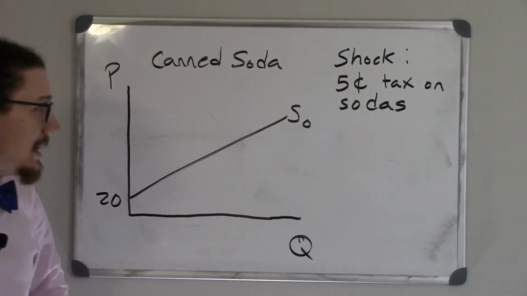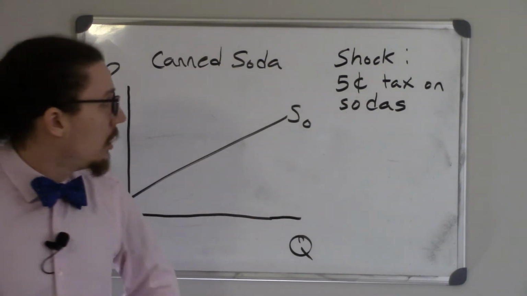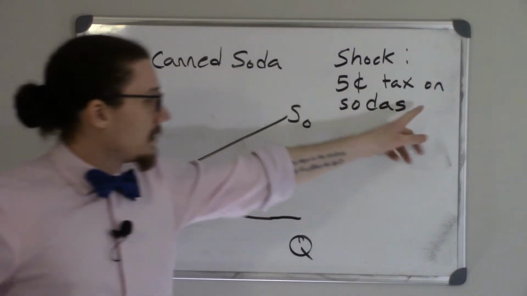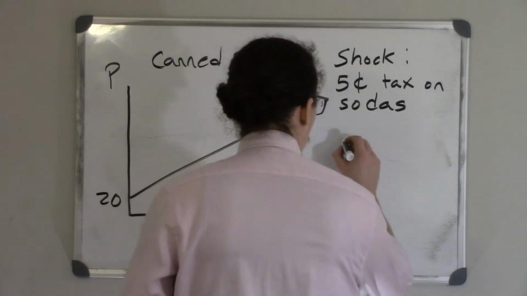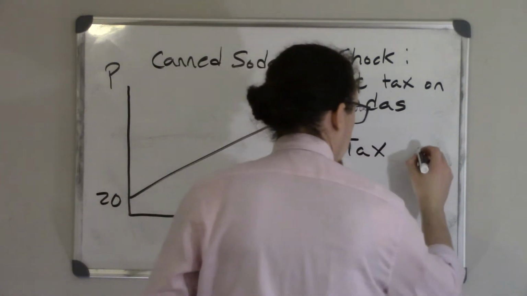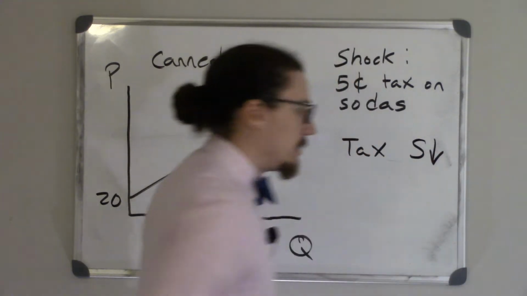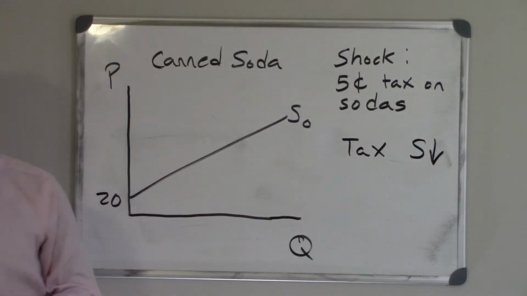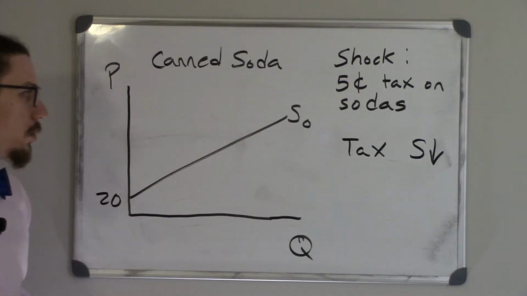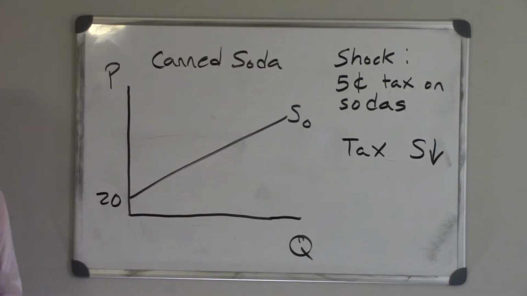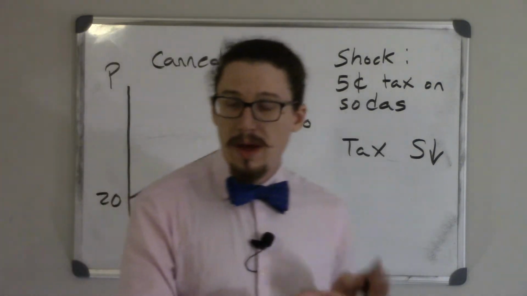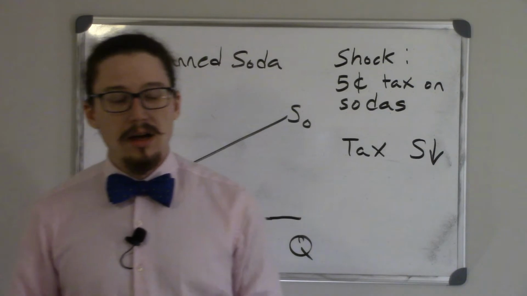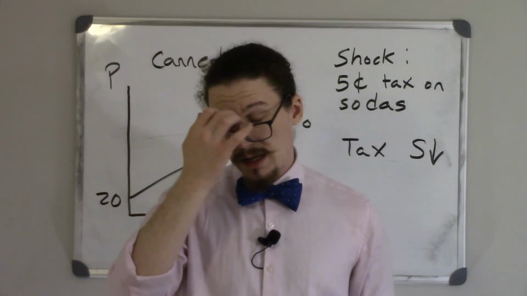Looking at this, we can say placing a tax on sodas is clearly a tax on production. So whenever we have a tax, supply is going to decrease, right? Because we're increasing the cost of production, and so we're going to see a decrease in supply.